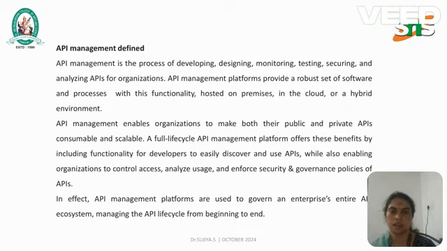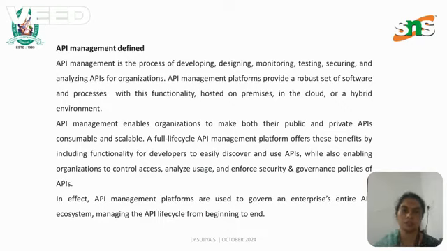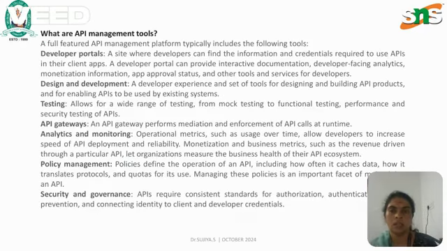And this is a platform which provides a robust set of software and processes with their functionality, and it enables the organization to make both public and private APIs consumable and scalable. If we talk about API management, an organization has to control access, analyze usage, and enforce security by governing policies.